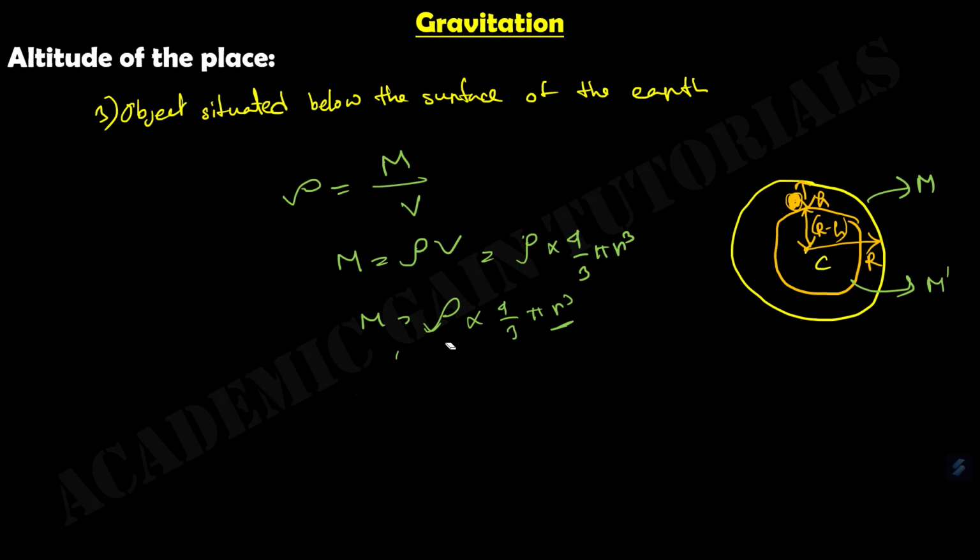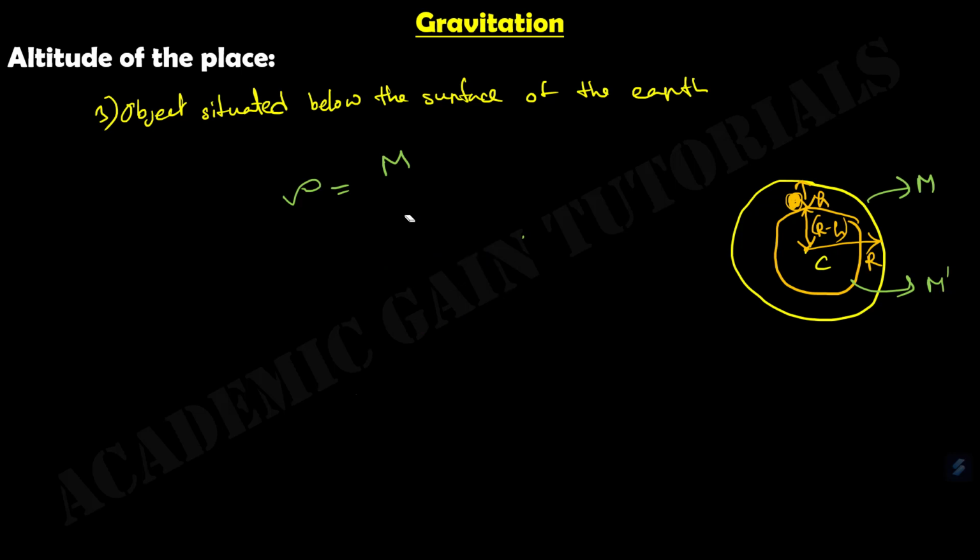Let me write this at the upper side of our findings. We can write m prime is equal to rho into 4 by 3 pi (r minus h) whole cube. And what is rho? Rho is the density of our earth. So at the depth of h, the formula will be g of d equals to g.